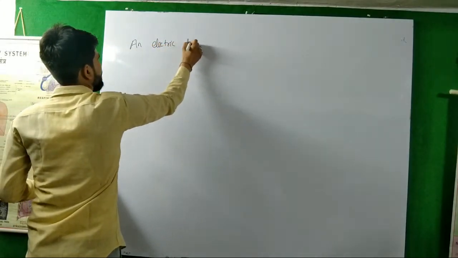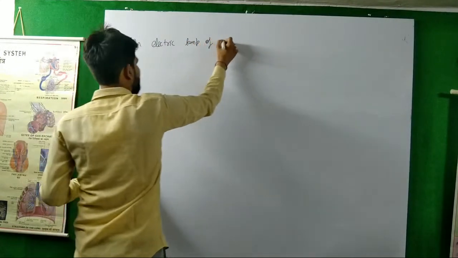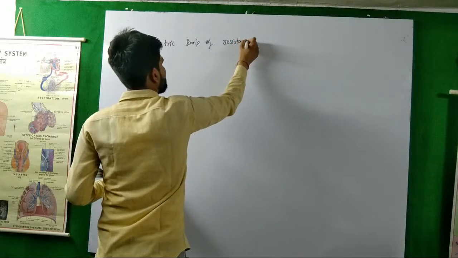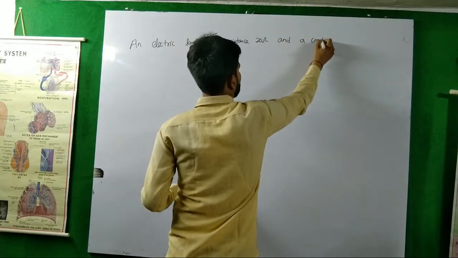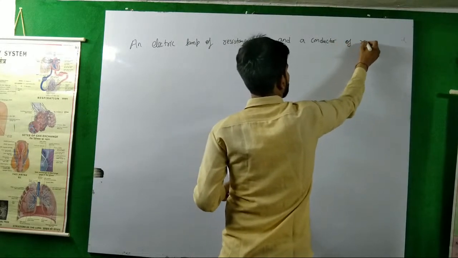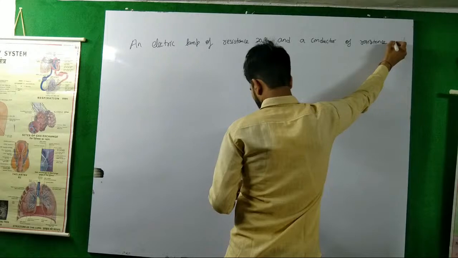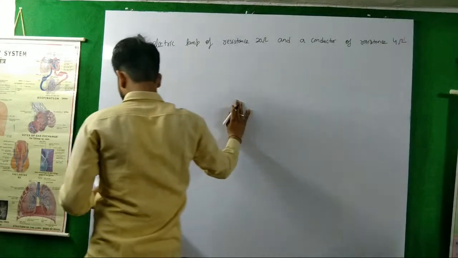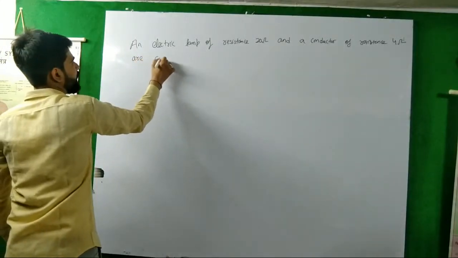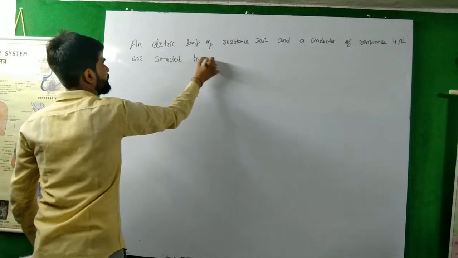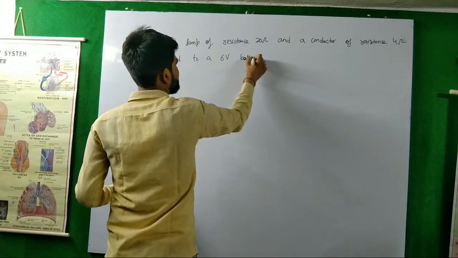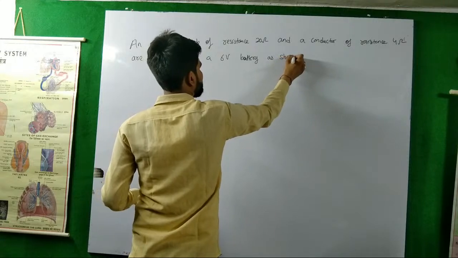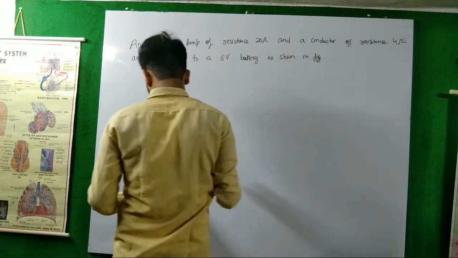Question is here: an electric lamp of resistance 20 ohm and a conductor of resistance 4 ohm are connected to a 6 volt battery as shown in figure.